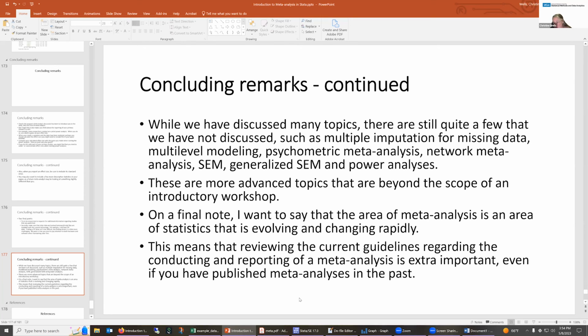I mean, I just did the bare bones introduction, and still been carrying on for 3 hours here. The area of meta-analysis is an area of statistics that is evolving and changing rapidly. Witness the new additions to Stata 18 and lots of other good stuff yet to come. So review your guidelines on a regular basis before you start any new meta-analysis, and make sure you are up to date. All right.